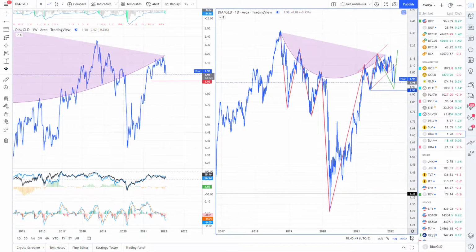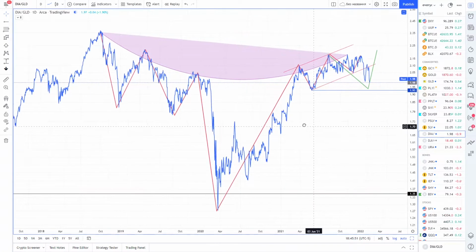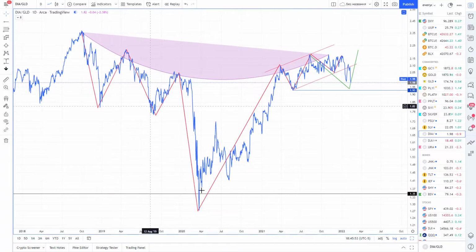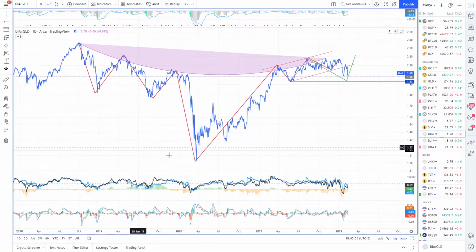Zooming in on the daily time frame, we have the pattern right here. Pulling out my indicators, we see a significant distribution happening from the lowest low, which is number 3, up to today's date.